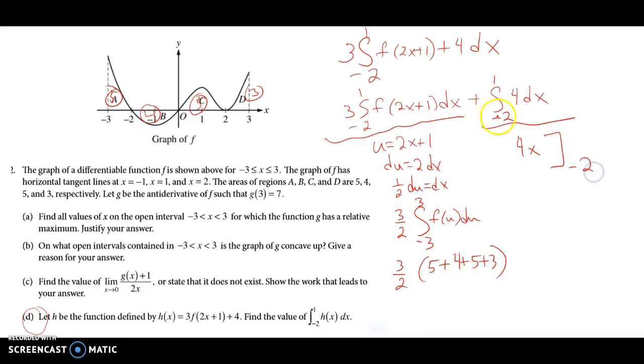And I don't need to change these values of integration because this is still in terms of x. So it'll be 4 minus -8, which will turn into 4 plus 8. So this will be plus 12. And I do this calculation, I end up with a value of 25.5.